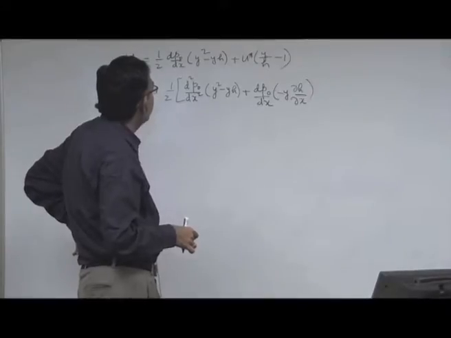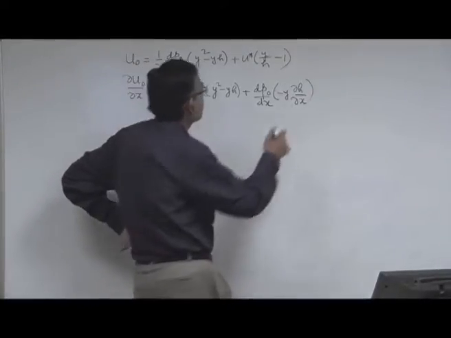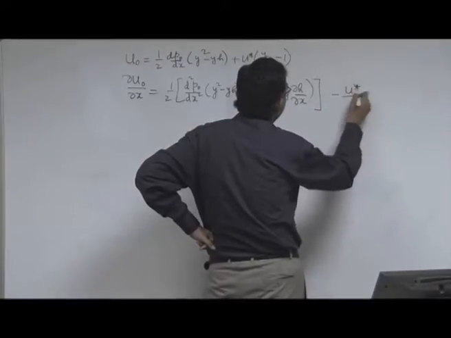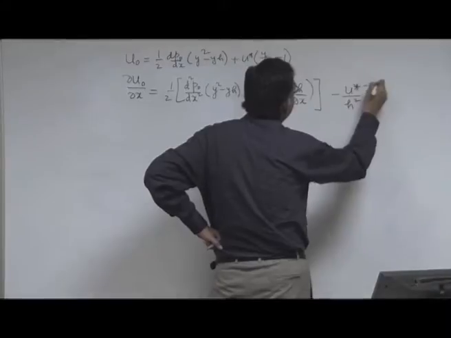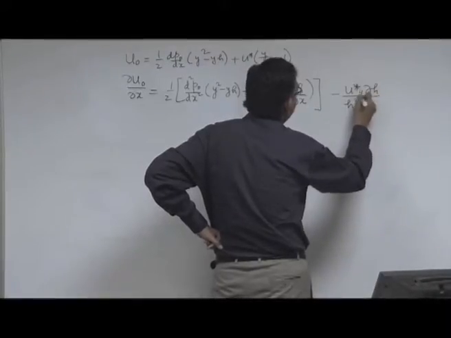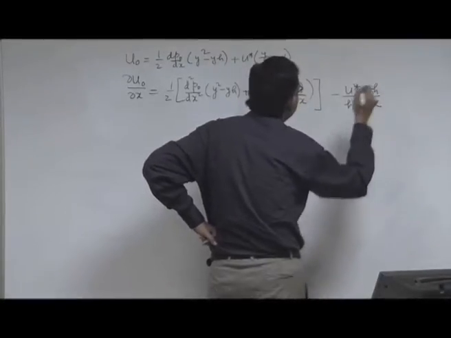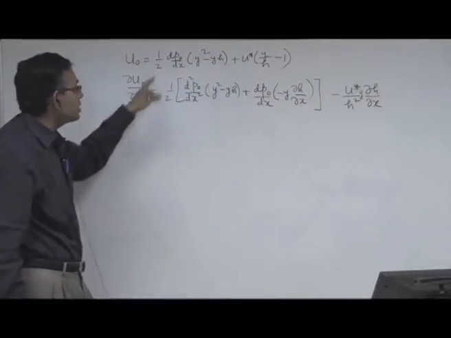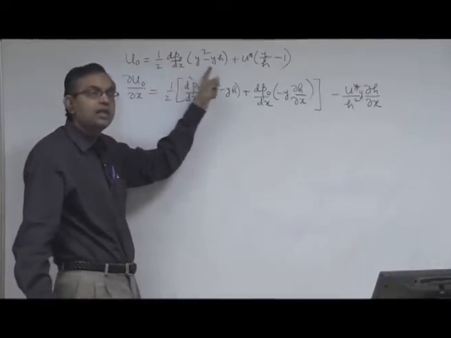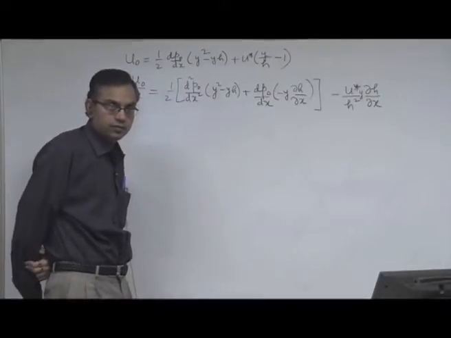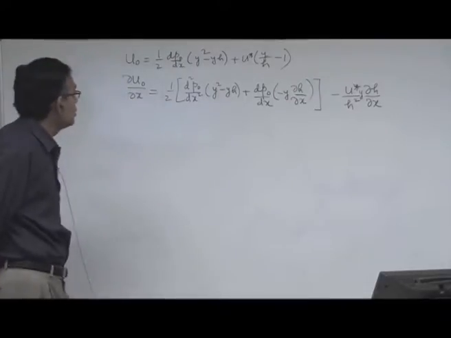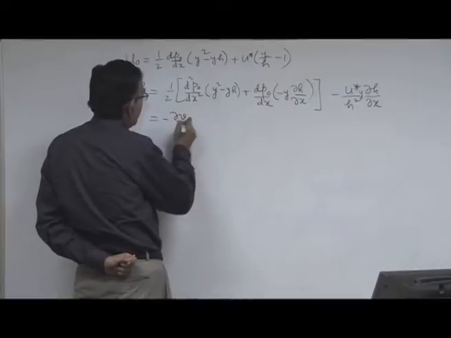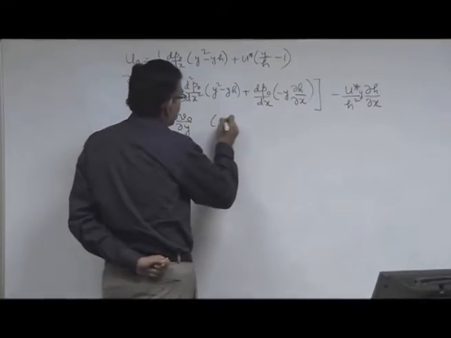This is the first term, right. Then minus u star by h square y del h del x. When you differentiate this with respect to x, you have to remember that p0 is a function of x and h is a function of x. Okay. So, this is equal to minus del v0 del y, continuity equation.